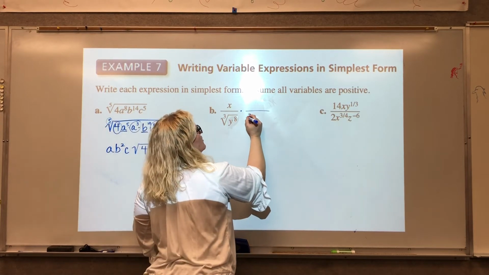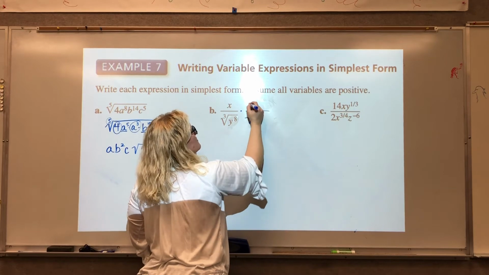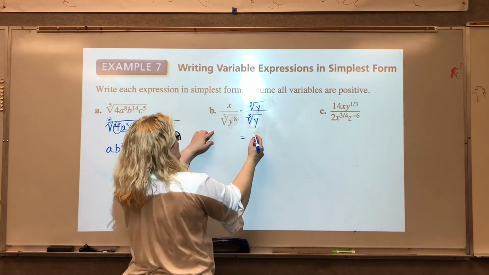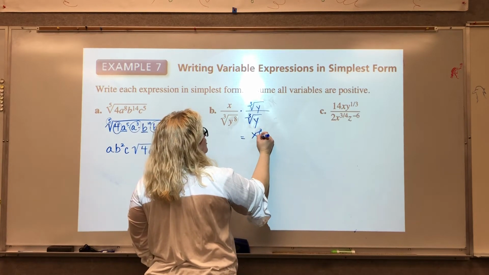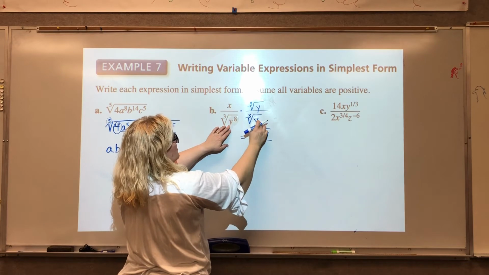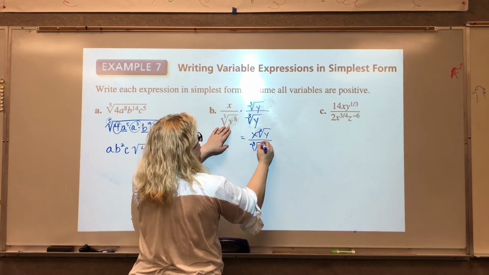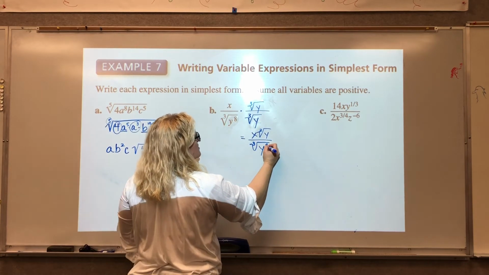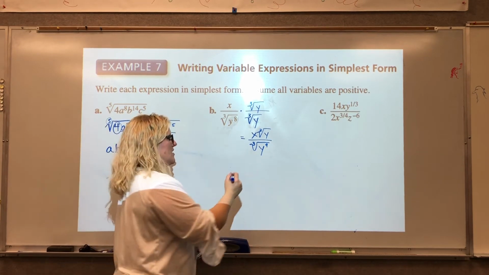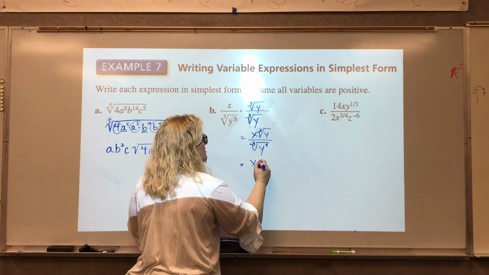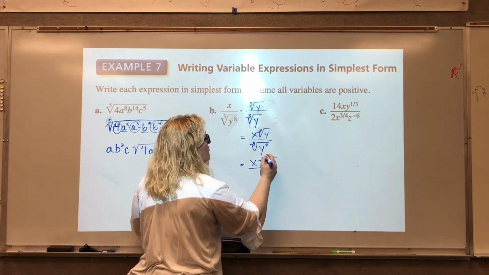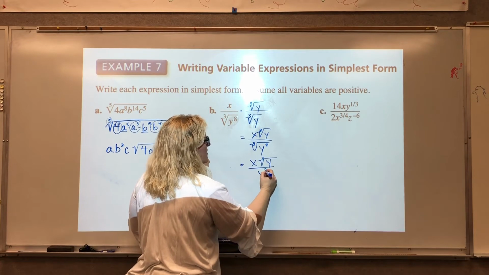So I can do the cube root of just y, and this gives me x times the cube root of y over y to the 8th times y. This is the cube root of y to the 9th, and that is a perfect cube. So this becomes x times the cube root of y over y to the 3rd.